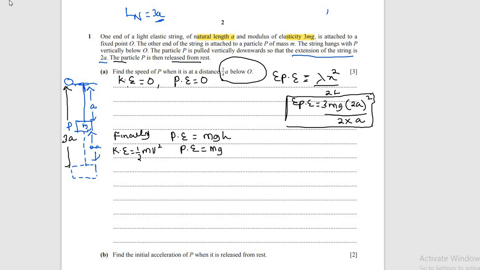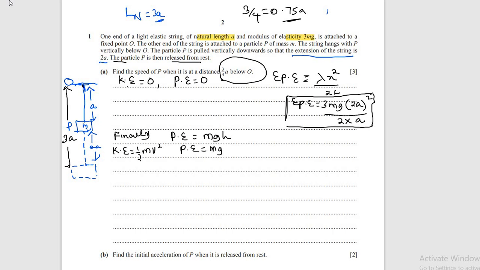The question asks us to find the speed at a distance 3A below O. If you look at it critically, within A, from here to here, 3 over 4A falls, which is like 0.75A. Within A there is no elastic potential energy yet, because there is no extension.